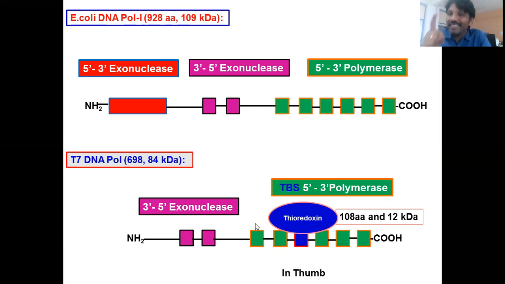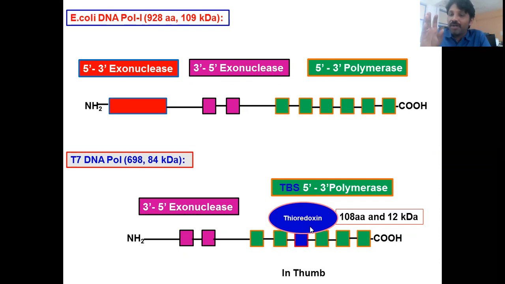One is the T7 DNA polymerase encoded by the gene 5 of T7 bacteriophage, and there is a small peptide, thioredoxin, encoded by the E. coli, whose molecular weight is 12 kDa and 108 amino acids. So when T7 DNA polymerase binds with the thioredoxin, then it carries out polymerization. Otherwise, not at all. Right?